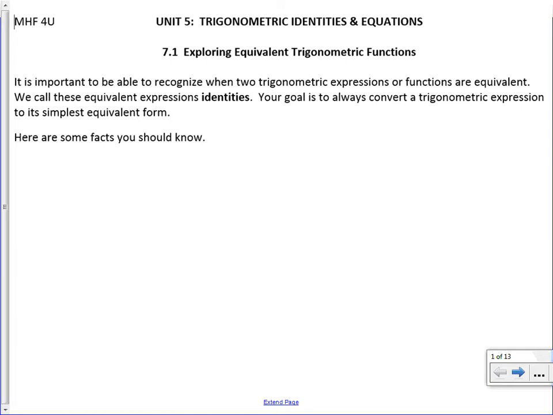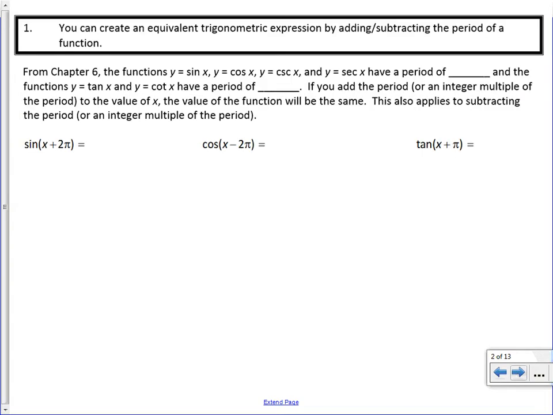And here are some facts you need to know. This first section is going through some minor rules, but still important rules. And again, the ultimate goal is to take something that's not as simplified as it can be and get it to be as simplified as it can be. So we're going to go through 5 rules, and these are the rules that are going to help you answer the 7.1 homework. So, rule number 1.